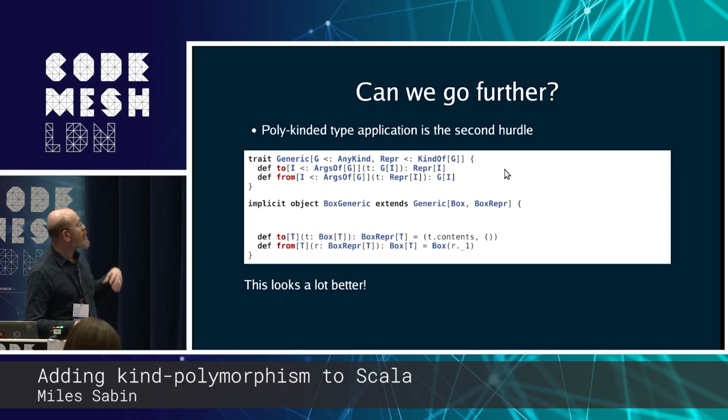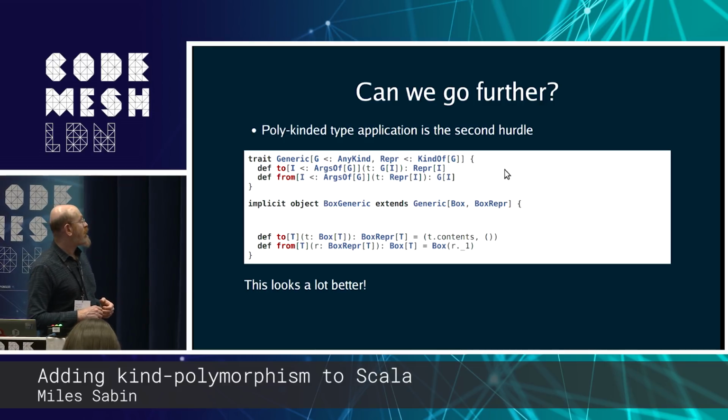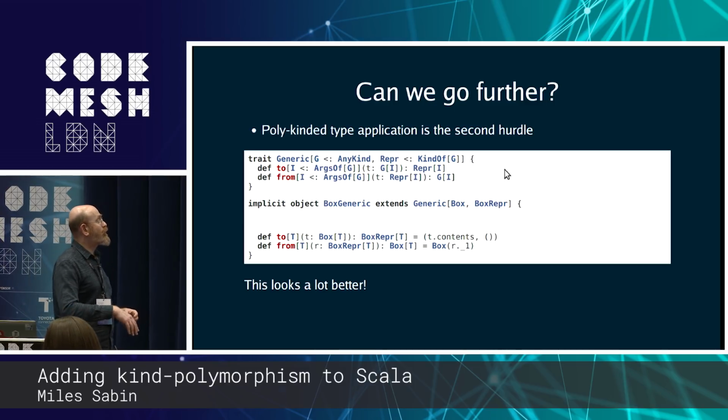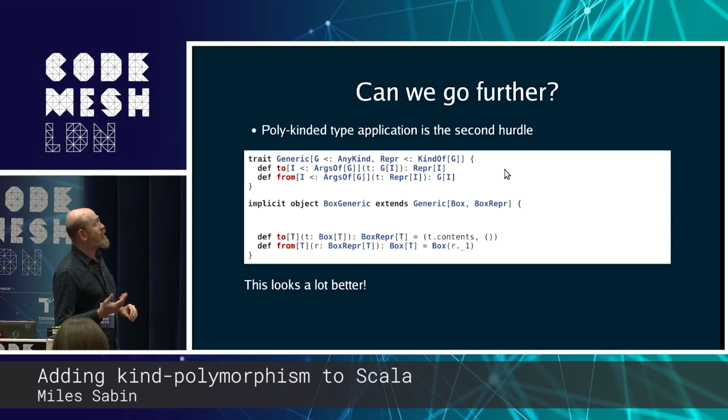Here the notion is that given an ADT G of some kind or another, we want a corresponding representation type, and whatever kind it has to be the same kind as the kind of G. And then if we can express the idea of a polykinded application in terms of the complementary type arguments of a type of the same kind as kind G, we can express that somehow. Syntax, who knows, maybe that's fanciful, but something that effectively does that seems not entirely unreasonable.